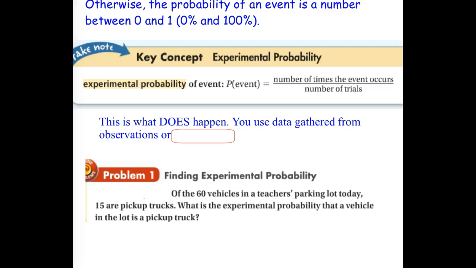This is what actually happened. We are going to use data. Either we collected it in a survey or using an observation technique or some kind of experiment. We've got some data to use. Okay? So this is what actually happens. And we, again, take that data either from observations, experiments, simulations, something like that.